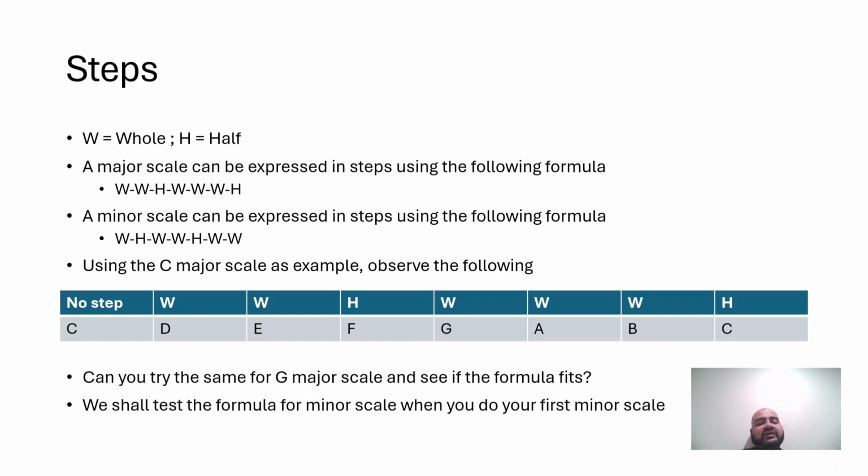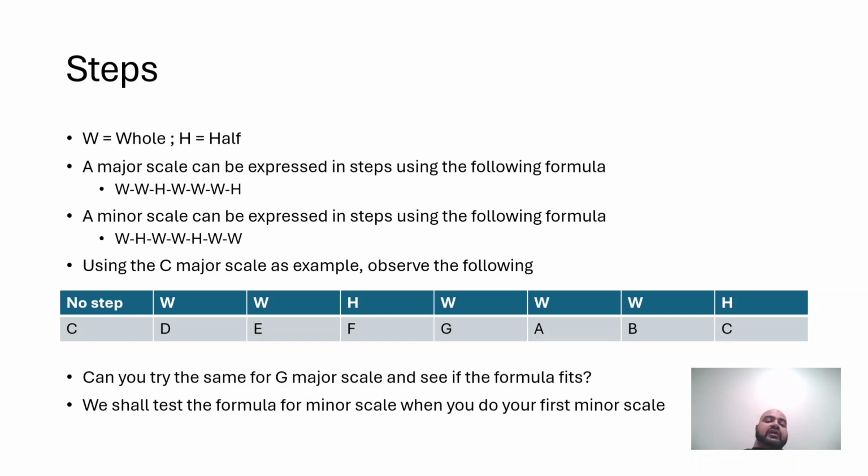Now take a look at the table over here. You have an example of the formula being applied to the C major scale. Let's see if it works, right? With the first note, you're not going to have a step over there. The second note is D, which is a whole step from C because you go from C to C sharp to D, so that's two notes.